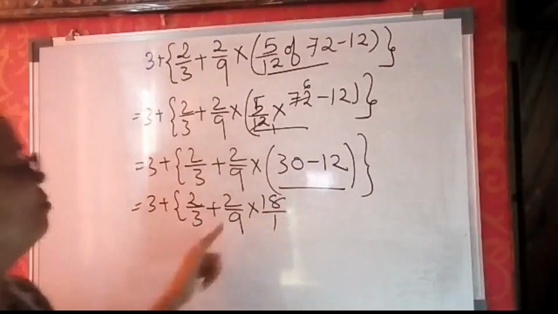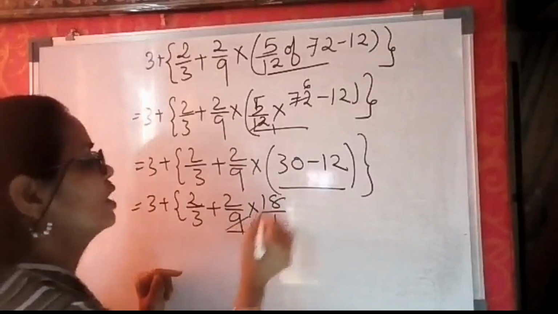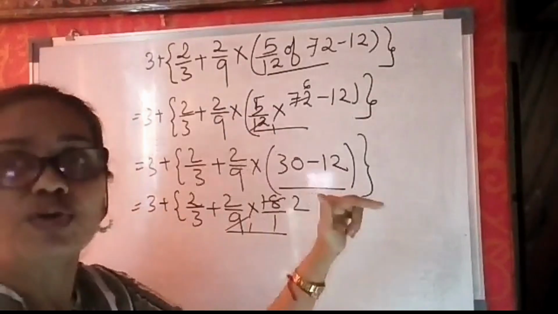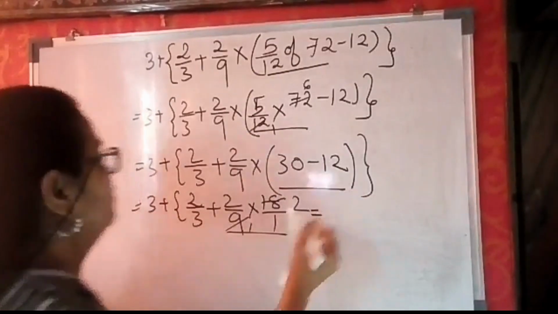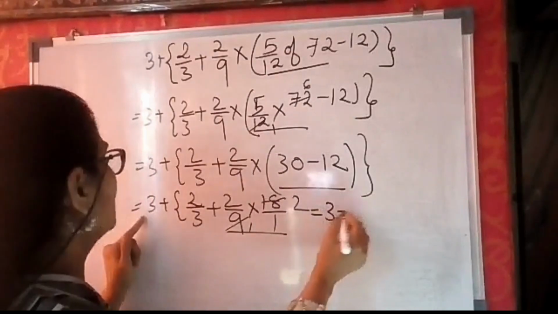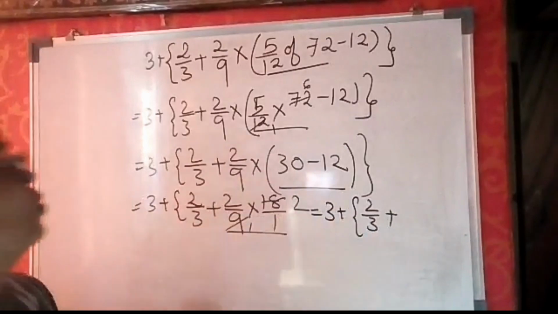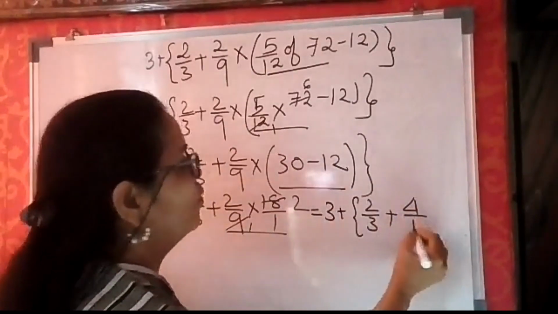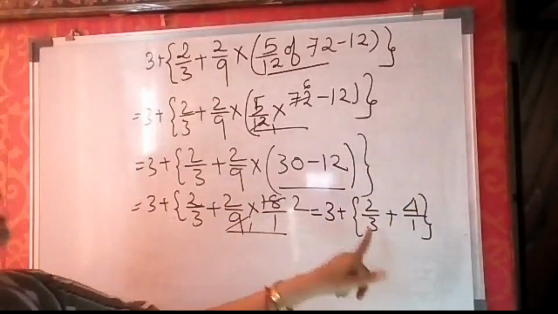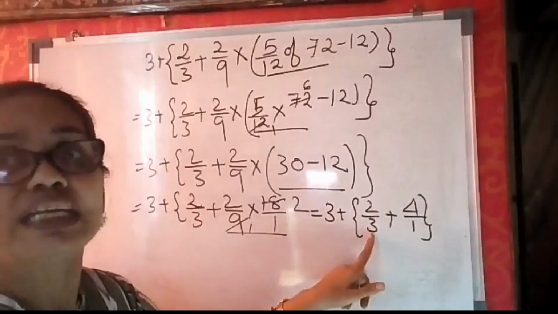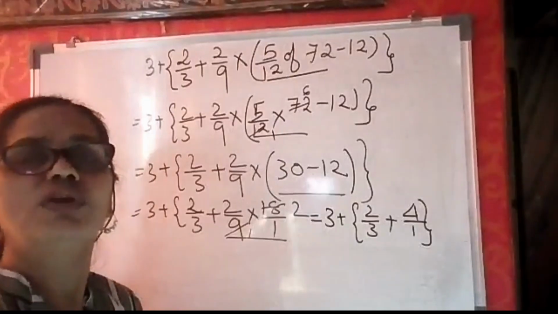Now children, in multiplication I told you that you can do cancellation between numerator and denominator, which is equal to, now you are getting 3 plus 2 upon 3 plus 2 2s are 4 upon 1. Now these are unlike fractions. So what will you do? When the fractions are unlike, what will you do?